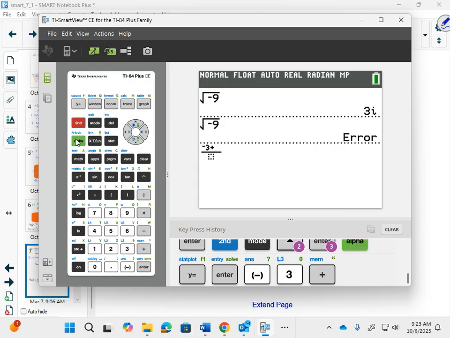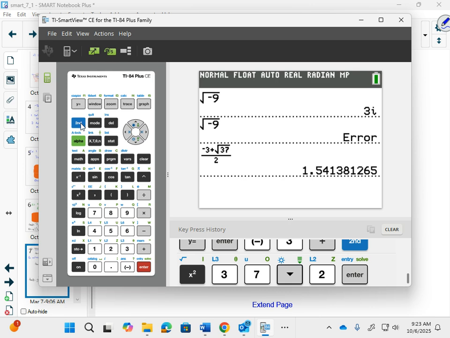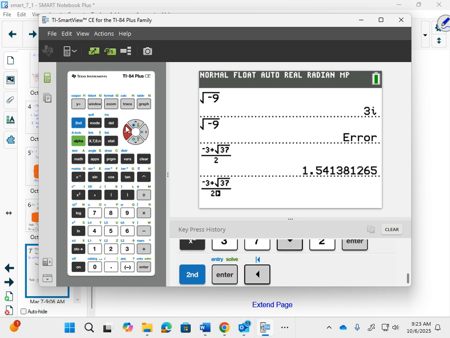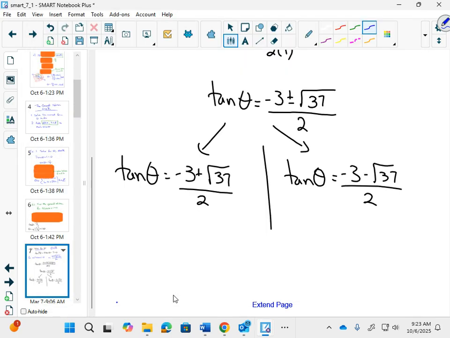Negative 3 plus the square root of 37, all divided by 2. And the exact same thing with a subtract sign. I get 1.541 and negative 4.541. So what I'm going to do, back on my page here.